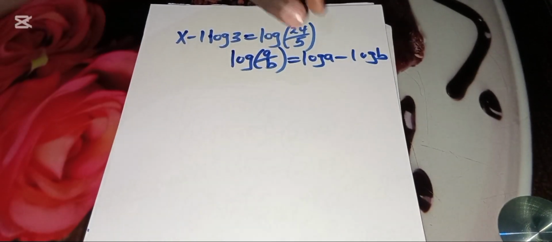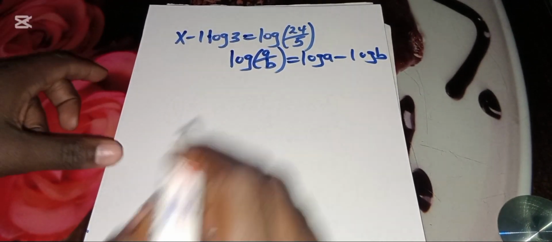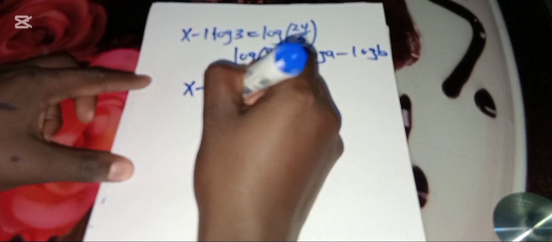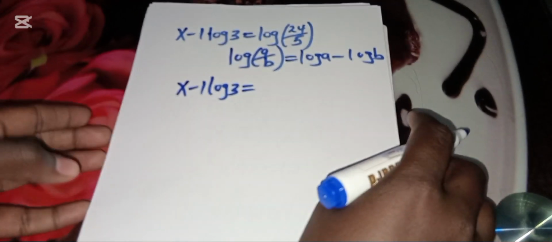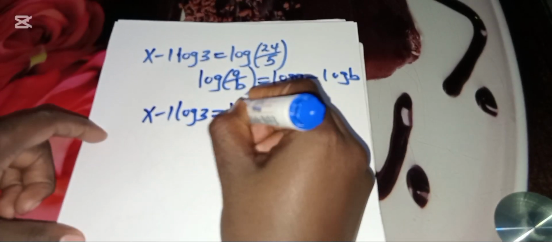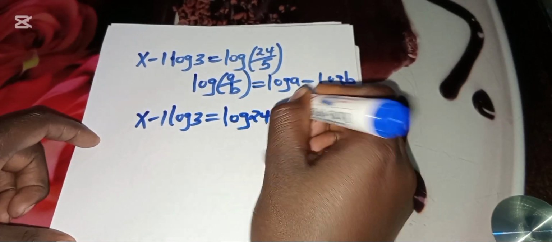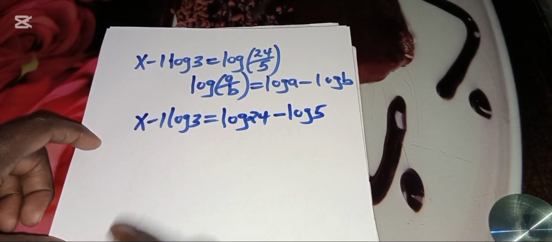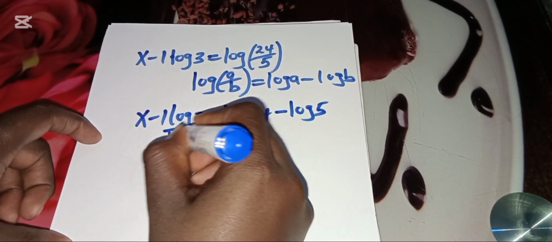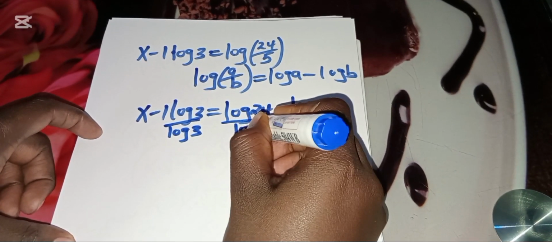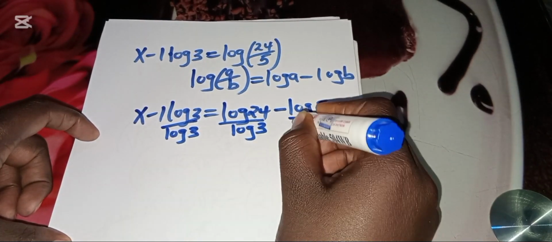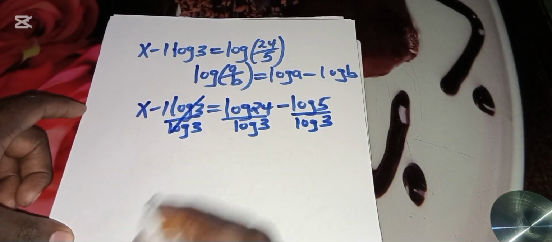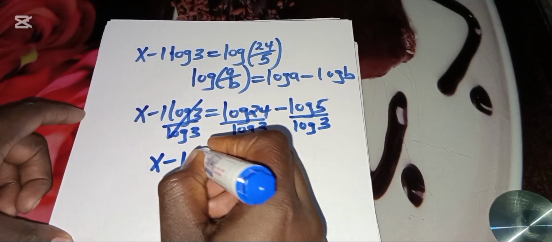So we can apply this identity so that we can express this as x minus 1 log 3 equal to log 24 subtract log 5. So we divide both sides by log 3, and also this side by log 3. So now we will have x minus 1.